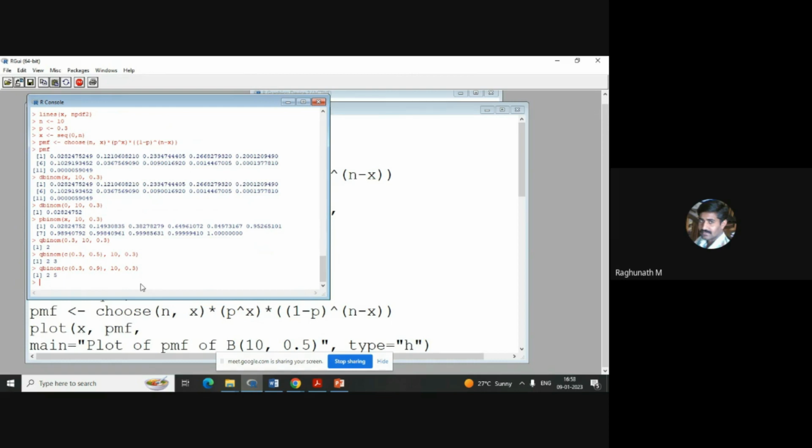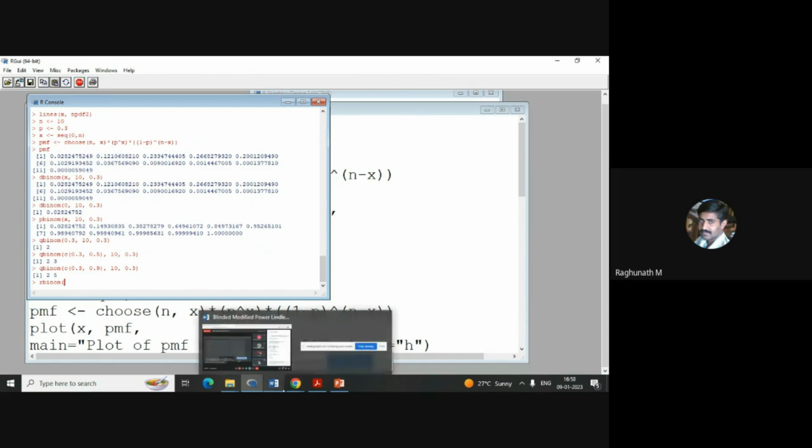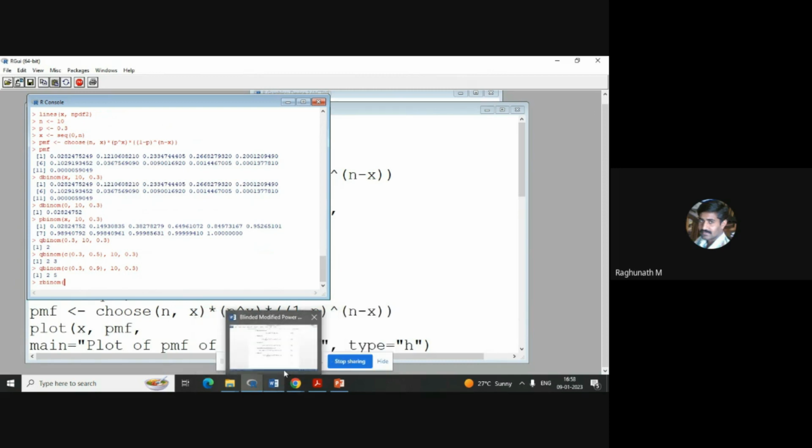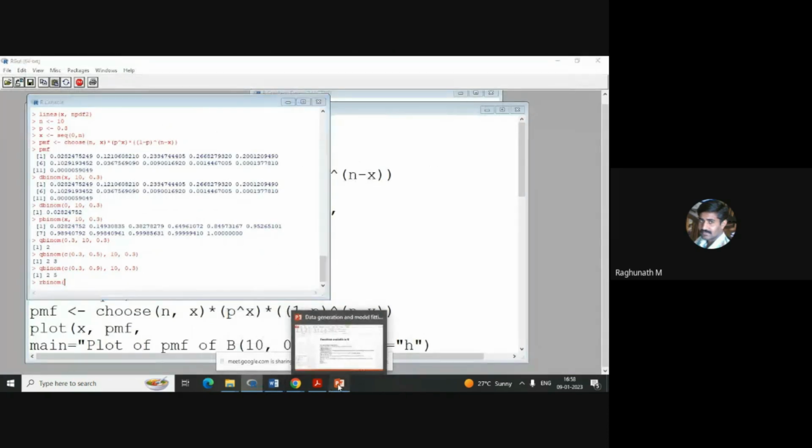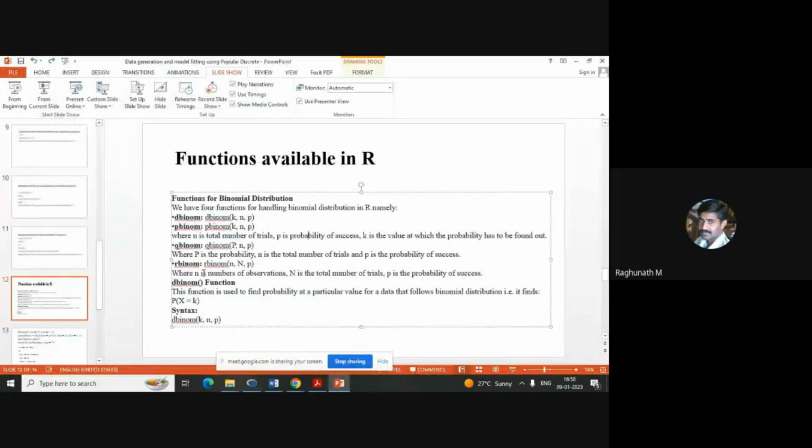And the last one, a very important one, is rbinom. rbinom is nothing but the random variables, or random observations, we are going to generate from a specified distribution. This R stands for random numbers. Whatever the small n is here, the small n is how many observations you want to generate.